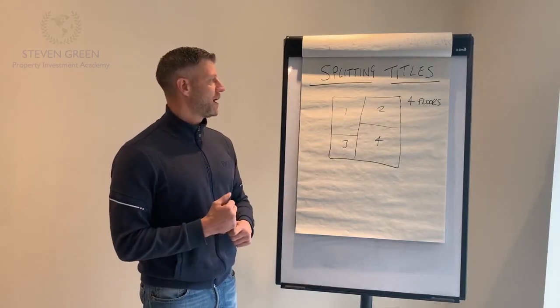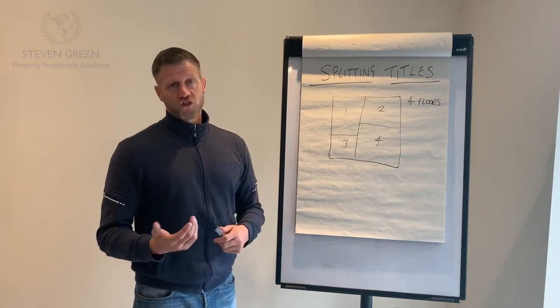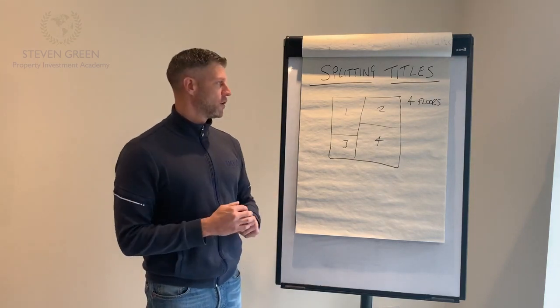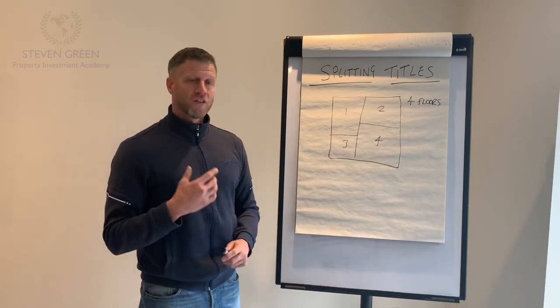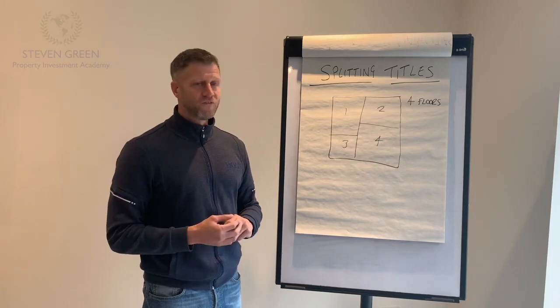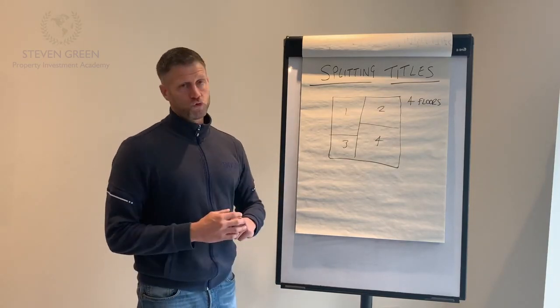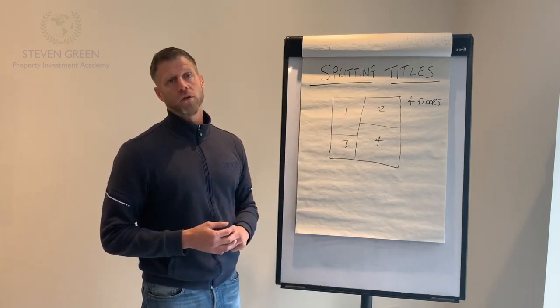So the 10 apartments were roughly 700 square meters. And off the whole of the building, when these were broken down into individual apartments, the value now was around about £650,000. So we've got an uplift of £150,000 by splitting the titles on this building.